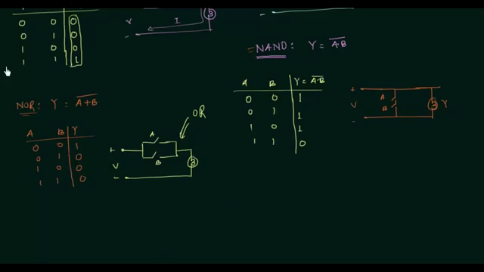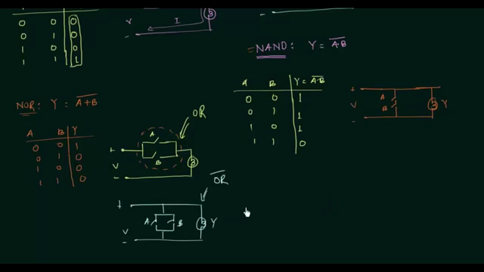So we are going to remove the two switches from this position and we will have a new position for them. It will look something like this. A, B, and this is the output Y. This circuit is the complement of OR.